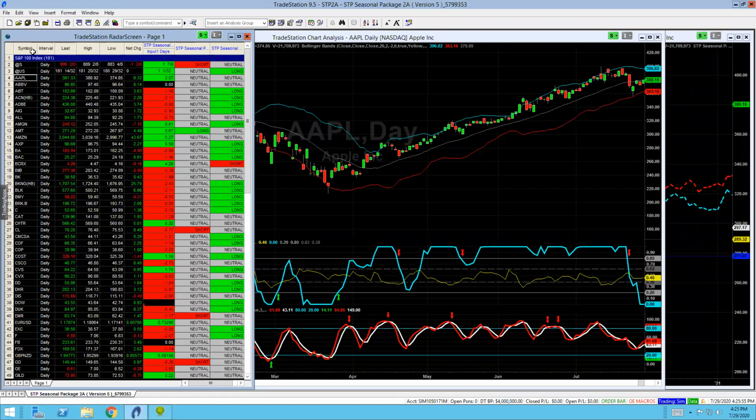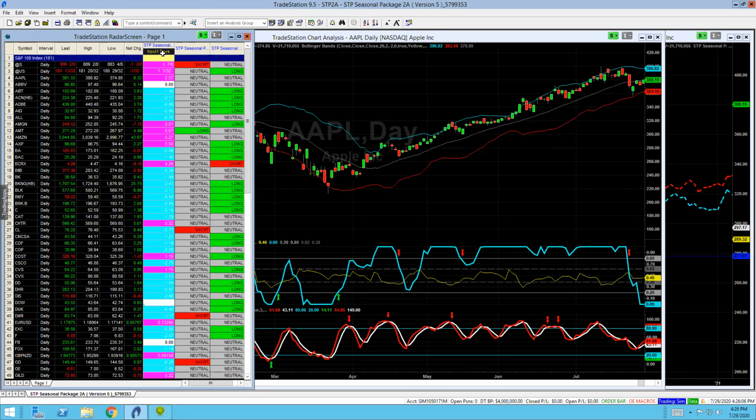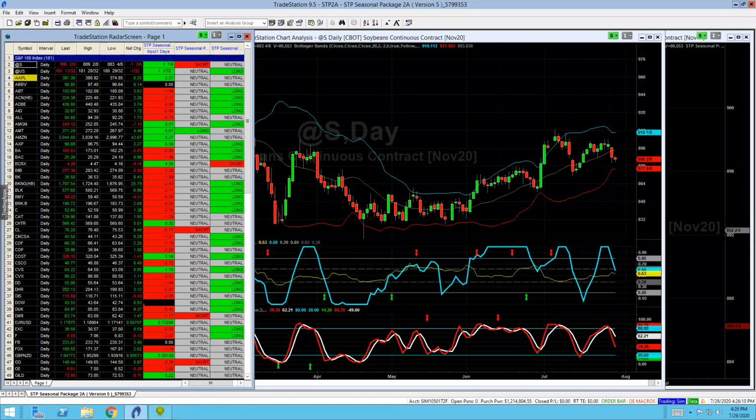So what I have here is just the symbol, the daily chart interval, the last, the high, the low, the net change. Now, what I have right here, let me click off of that and circle it. So this right here is basically, when you think about it from Thinkorswim, the 20 for the 20, 40, 60.